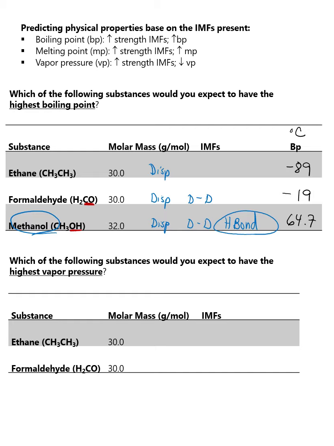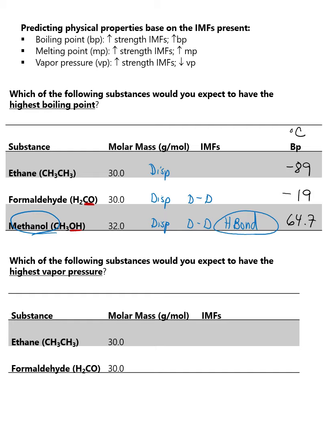So those boiling points as negative means that at room temperature, about 20 Celsius degrees, those substances are not even liquids. The intermolecular forces that you have between those particles are not even strong enough to hold your particles close to each other to give you a liquid state.